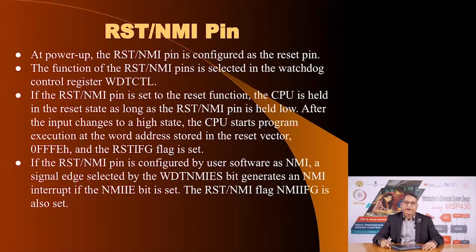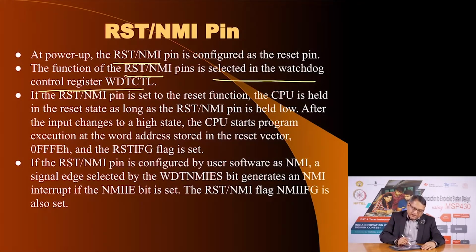Here are the details of the RST NMI pin. At power on, when you turn the power on, the RST NMI pin is configured as a reset pin, and the function of the RST NMI pin is selected in the watchdog control register.